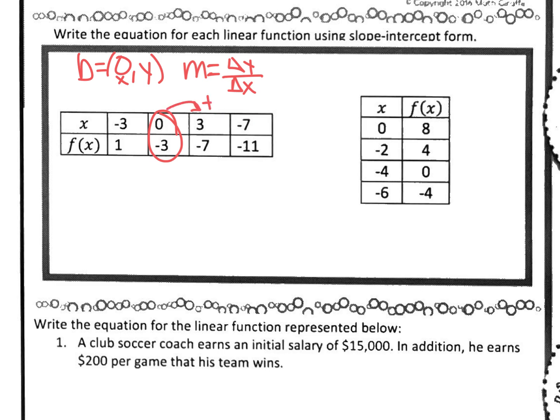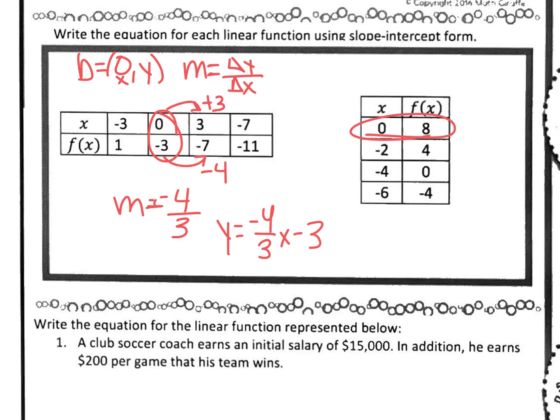Let's do from 0 to 3 is plus 3. From -3 to -7 is -4. So my slope is -4/3. So y equals -4/3x. And then my b was -3. Okay.